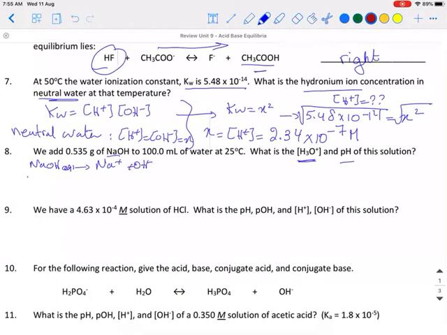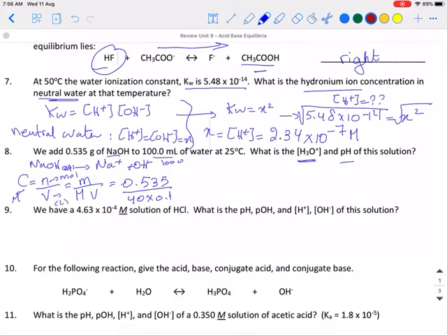Because I want the concentrations, let me first find the concentration of sodium hydroxide, which is the number of moles over volume. The number of moles is the mass over the molar mass. The mass given to me is 0.535, the molar mass of sodium hydroxide is 40, and the volume that I have I have to divide by 1,000 to change into liter, that will be 0.1.